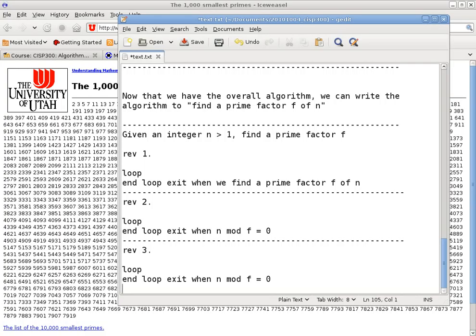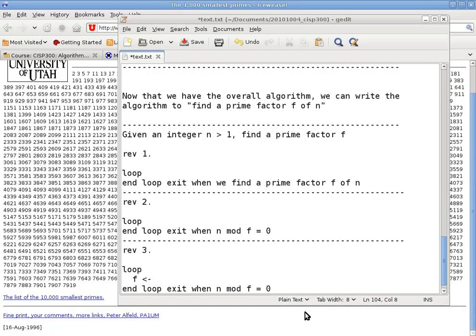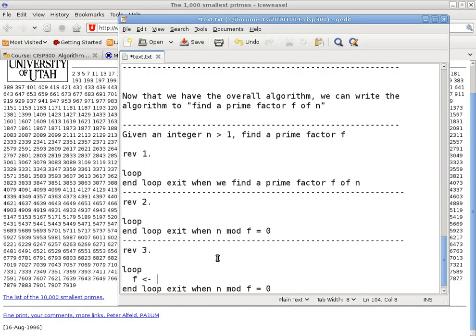So it makes more sense that we'll just be testing sequential numbers. If you're testing sequential numbers, what are we going to do to f in the loop? Well, since 2 is not a prime factor, we move on to 3. How do we move from 2 to 3? We add 1 to f. Okay, so f gets f plus 1.